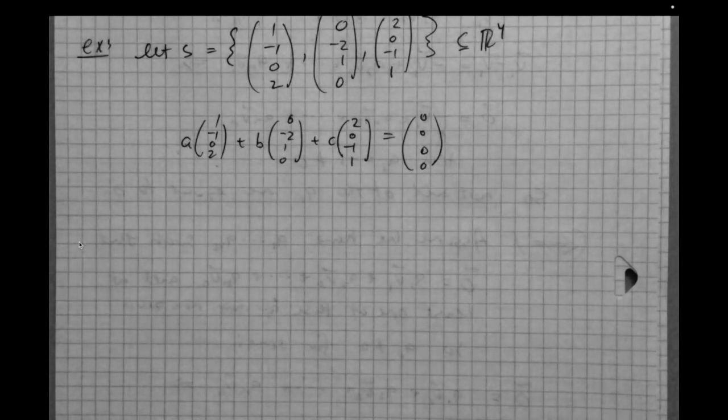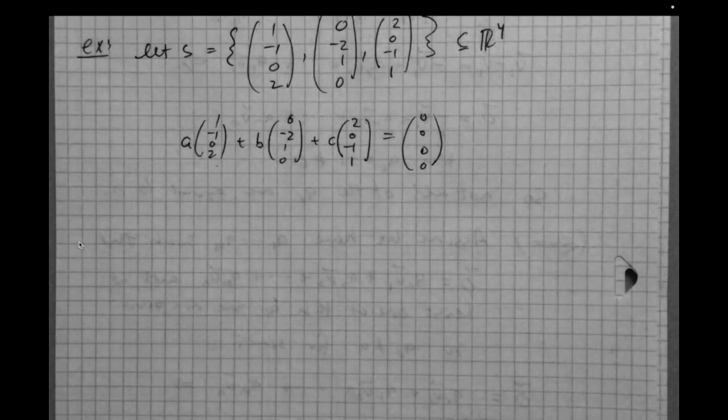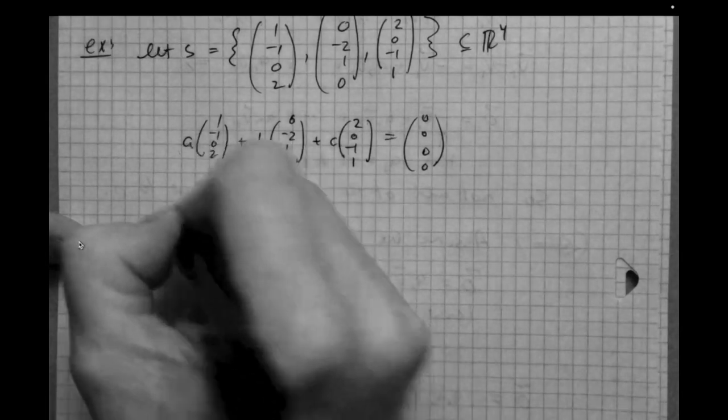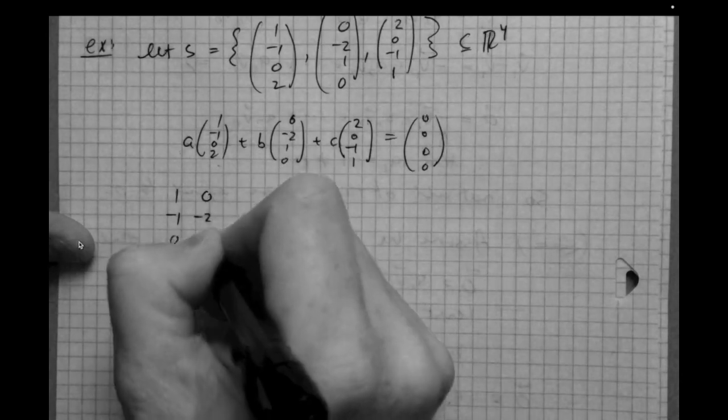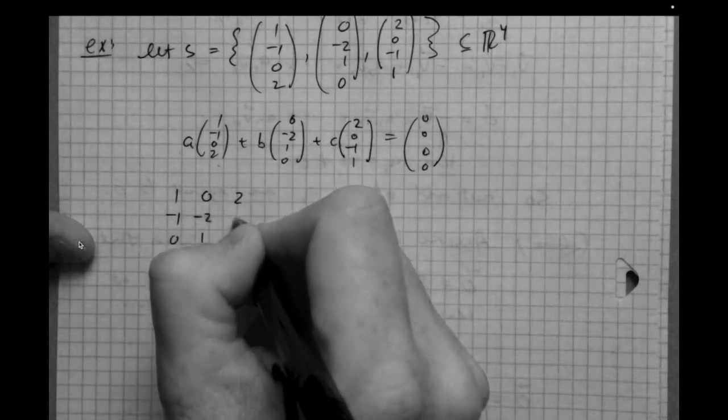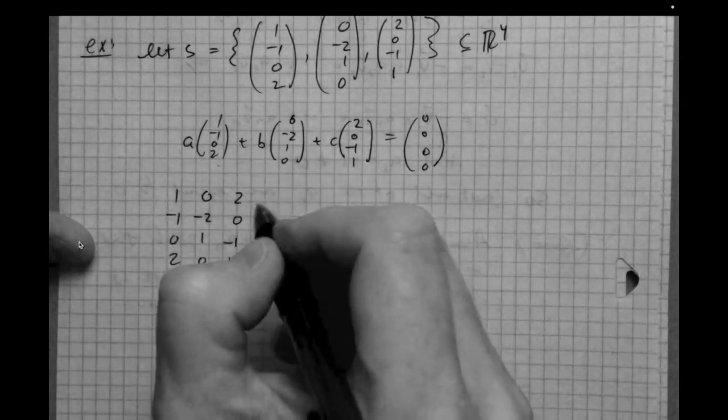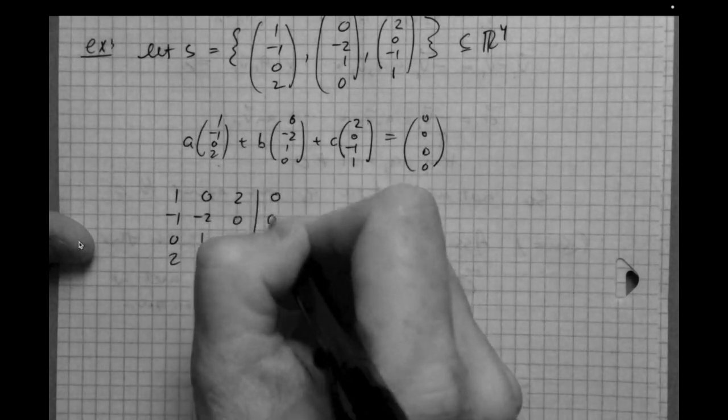Now, what's a quick way to test such things? As is, this is very challenging. What are you going to do, systematically guess and check? No. So one of the things we can do is plug this into a matrix and use row reduction, right? So 1, -1, 0, 2, 0, -2, 1, 0, 2, 0, -1, 1, and then this is an augmented matrix 0, 0, 0, 0.